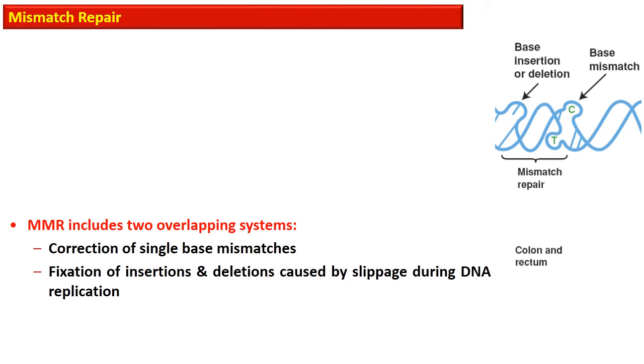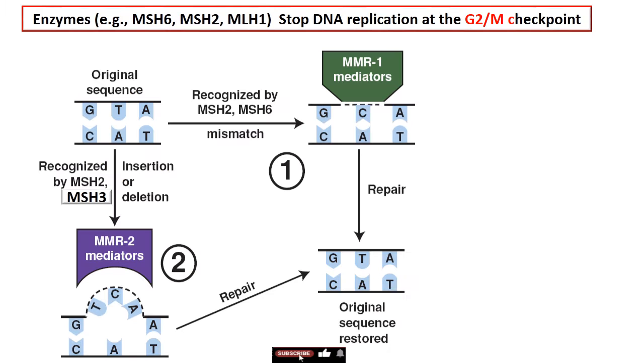There are two mechanisms of this mismatch repair system. One is the correction of single base mismatches, and another is fixation of insertion and deletion caused by slippage during DNA replication. The mismatch repair system is the cellular vigilance system that is activated when there is mismatch or insertion or deletion.